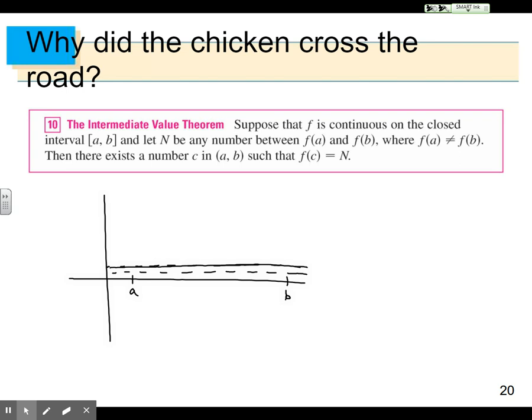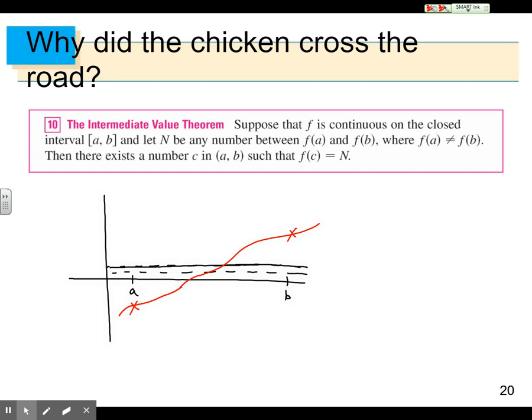At a right here, we have this little chickadee down here, just taking its merry time to cross the street. At point a, the chickie was down below the road, and at point b, the chickie is above the road.